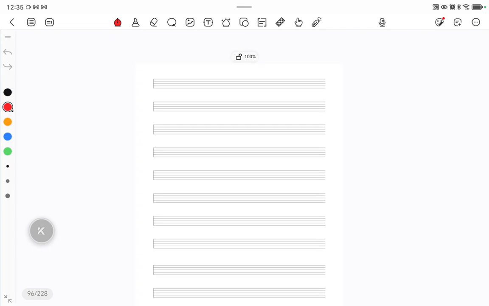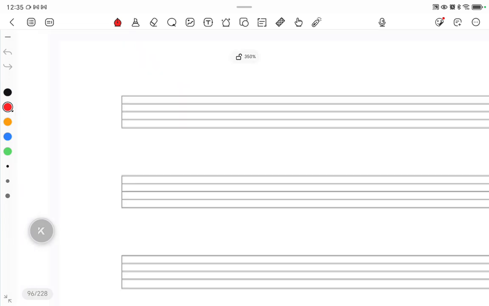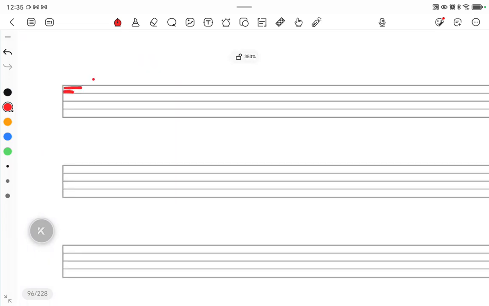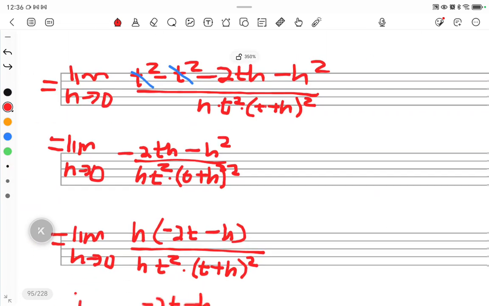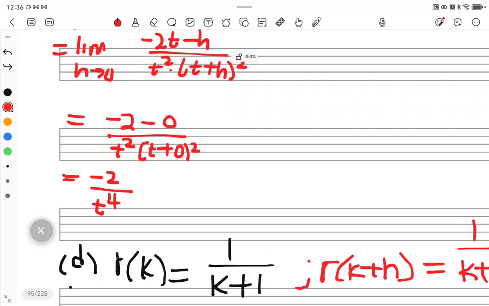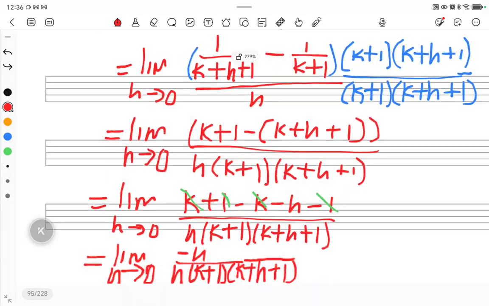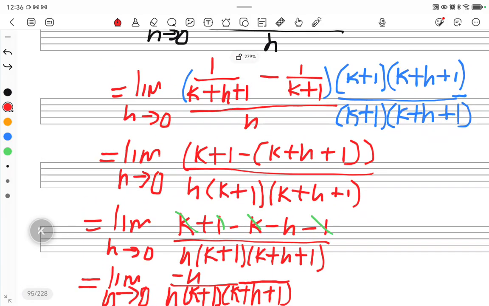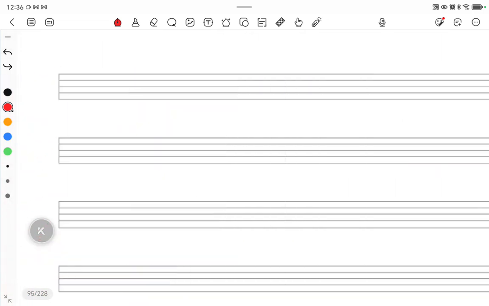So this would be the limit as h approaches 0 of minus h over, yeah, the minus h will cancel already, so k plus 1, it's fine.